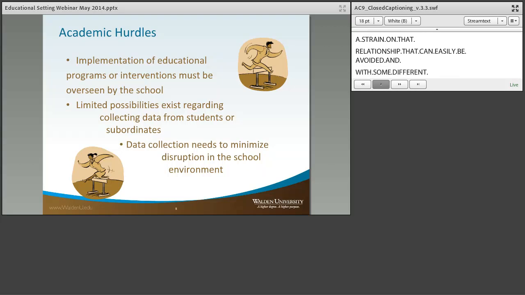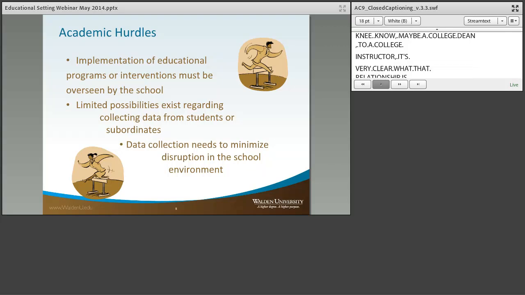And I would just add one other point too. When we're considering a position of authority, clearly when there's a direct relationship, such as a principal to a teacher, or maybe a college dean to a college instructor, where it's very clear what that relationship is, it's very easy to see the potential for perceived coercion. But also, sometimes there is an indirect line.